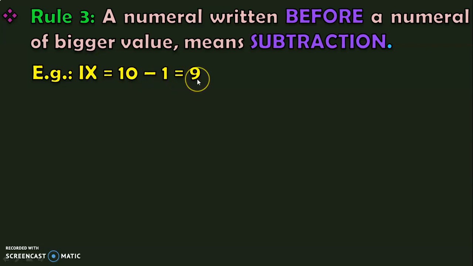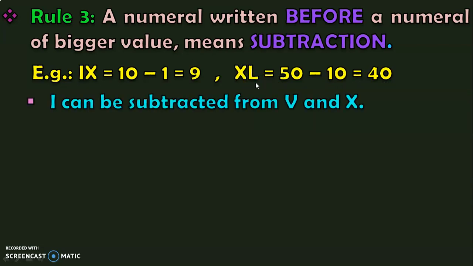So 10 minus 1 is 9. We know that the Roman numeral for 9 is IX. Let us see another example. We saw that L has a value of 50. When you write X before L, it becomes 50 minus 10, which is 40. So the Roman numeral for 40 is XL.